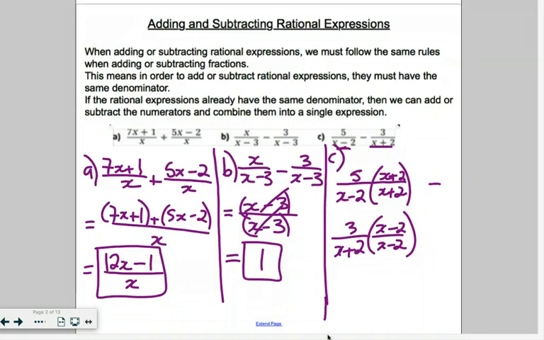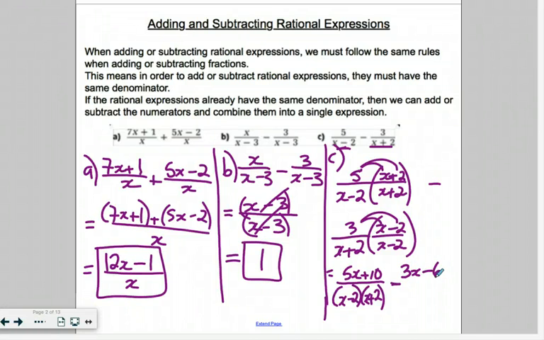Simplifying those, that first term, I can distribute across here, and it becomes 5x plus 10 over, and I'll just leave that in factored form in the denominator, x minus 2 times x plus 2. Subtracting, and again I can distribute this across, so 3x minus 6 once you distribute it, and then over, leave that denominator in factored form of x plus 2 times x minus 2.